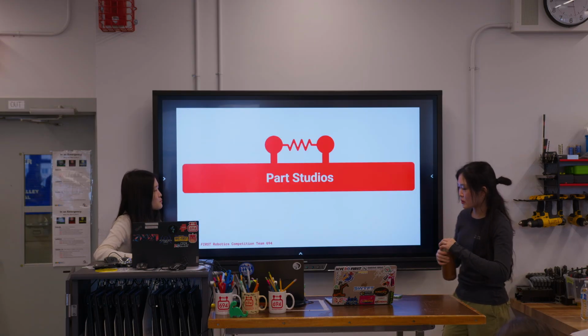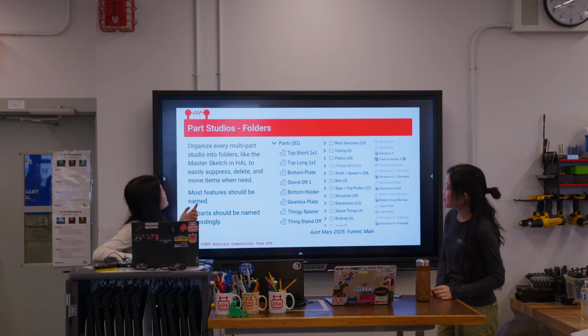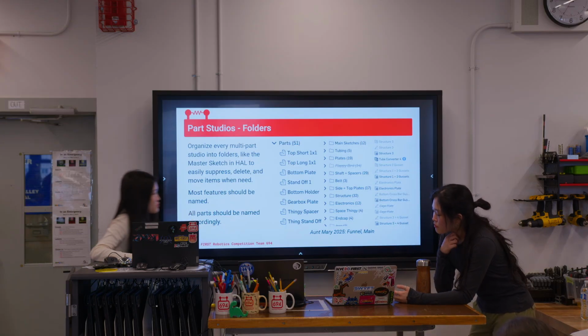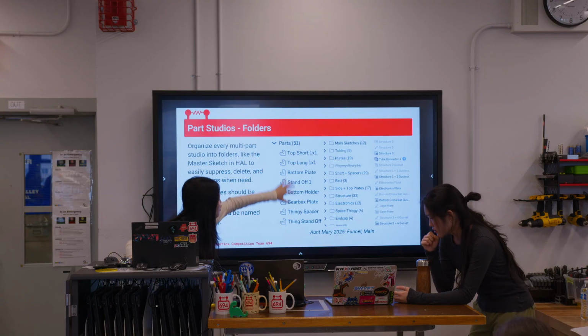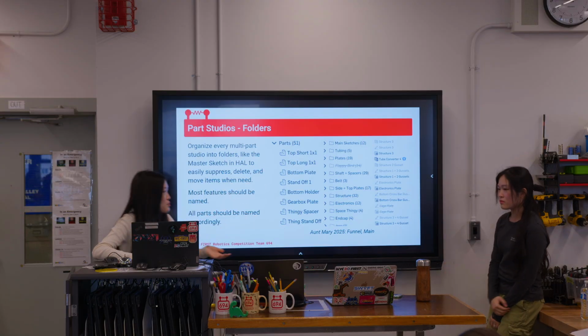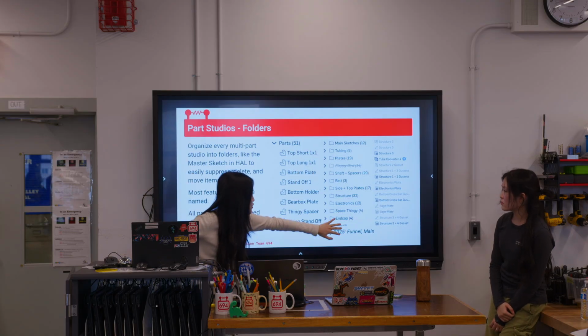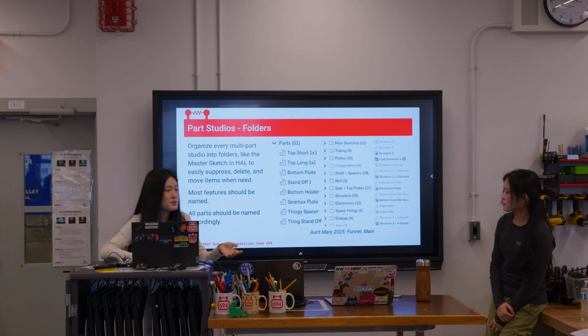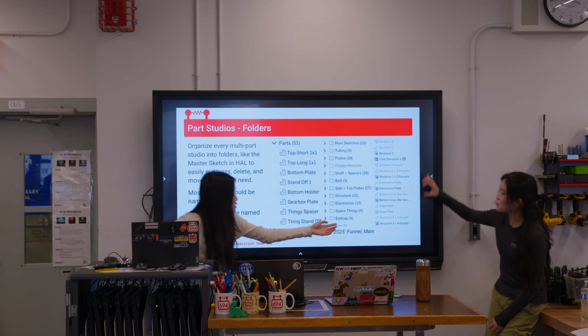For part studios, we like to keep them very, very organized. We name all the parts so that anyone, even the machinists, can identify them. We also put them in folders like electronics, structure, belts, so that whenever we need to edit something, it's fine. And we also name the features.